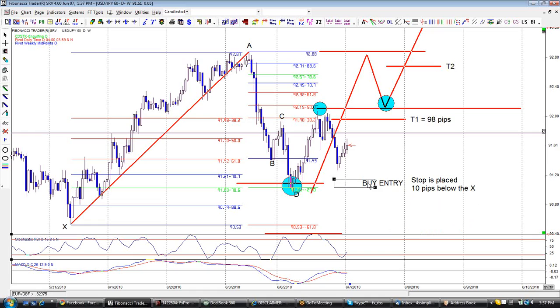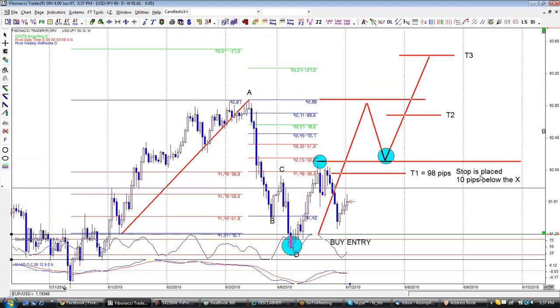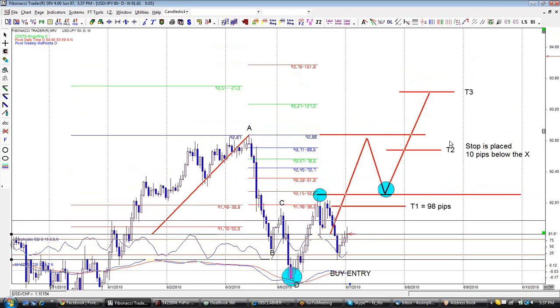The break-even level is the price we entered. Once target 2 is filled, we can move the stop to target 1. Once target 3 is filled, we can move the stop to target 2 if we have more than 3 positions, if we have 4 or 5 positions.